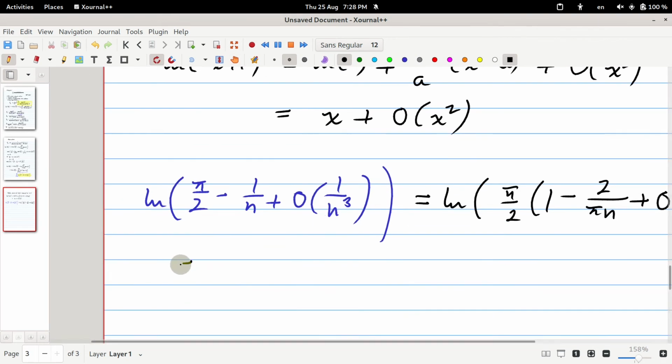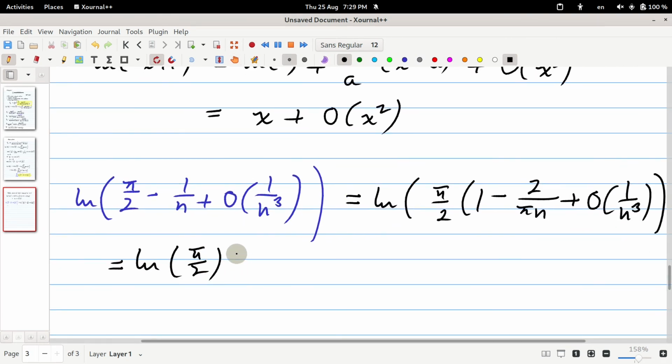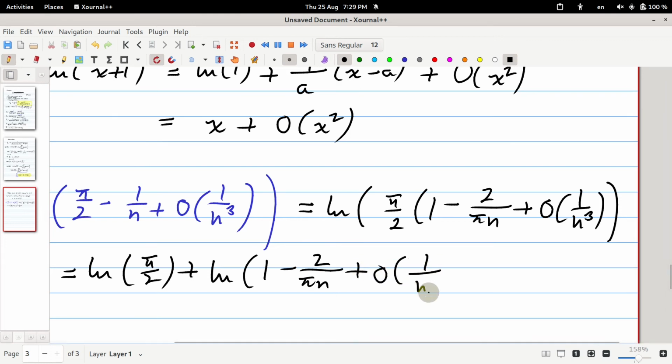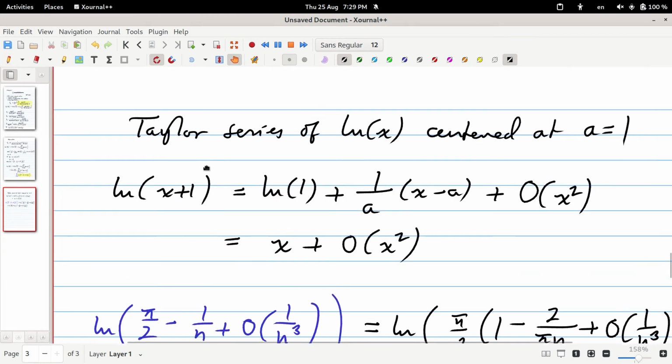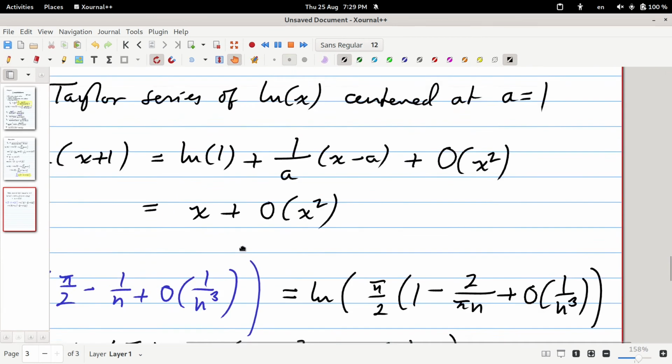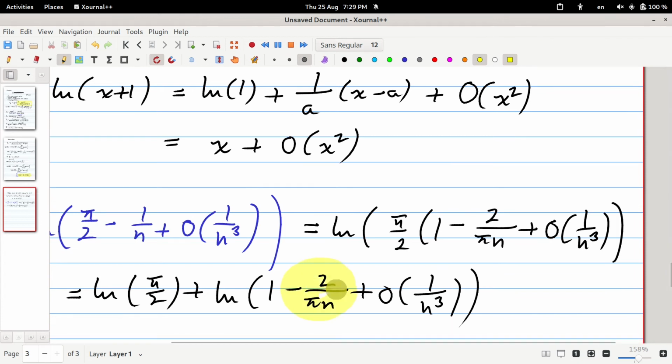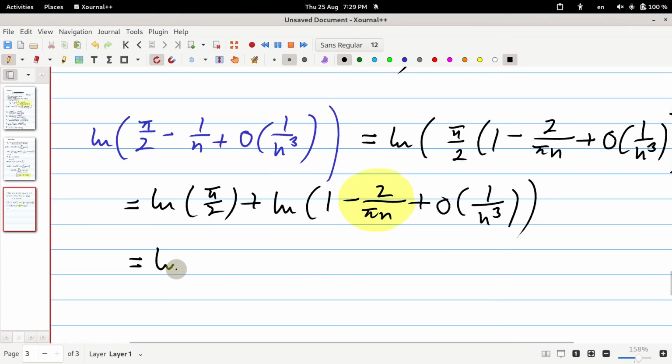So we're going to get natural log of pi over 2 plus natural log of 1 minus 2 over pi n plus O of 1 over n cubed. This is where the Taylor series of ln of x set at a equals 1 is useful, with x equal to negative 2 over pi n. So this is ln of pi over 2.